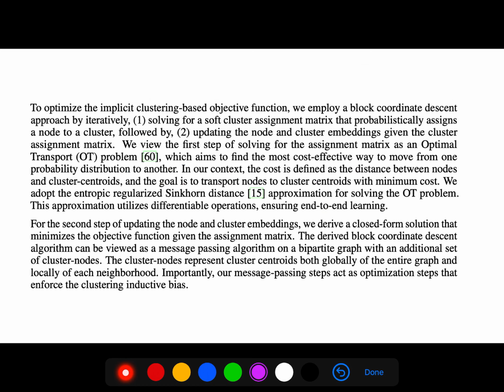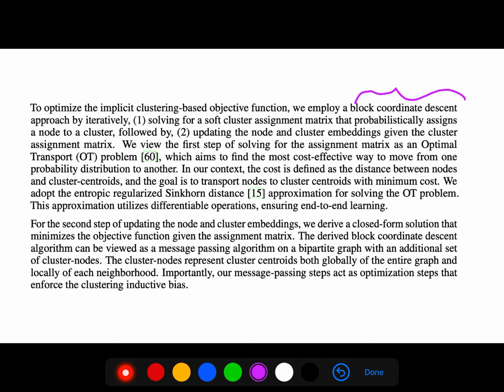So we employ a block coordinate descent approach by iteratively solving for a soft cluster assignment that probabilistically assigns a node to a cluster, followed by updating the node and cluster embeddings given the cluster assignment. We view the first step of solving for the assignment matrix as an optimal transport problem, which aims to find the most cost-effective way to move from one probability distribution to another.